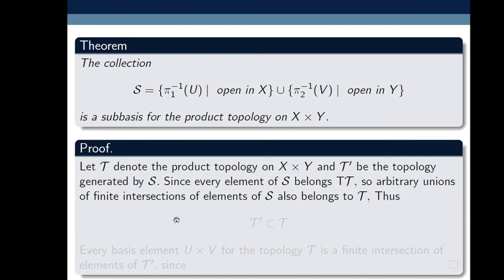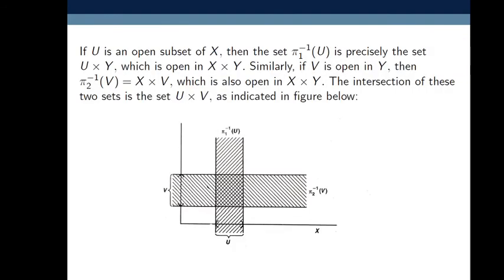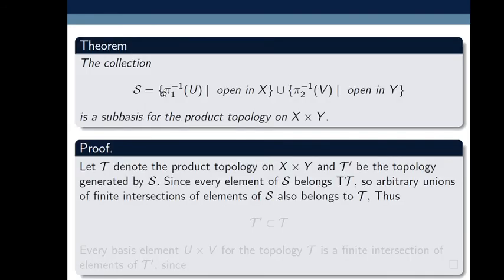Because script S is a union of pi1 inverse of U and pi2 inverse of V, and we just discussed that whenever U is open in X, pi1 inverse of U is equal to U times Y, and pi2 inverse of V is equal to X times V whenever V is open in Y. So that's why every element of script S belongs to tau.